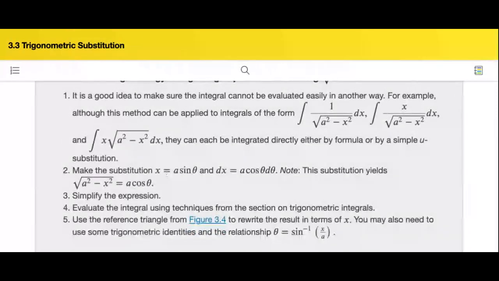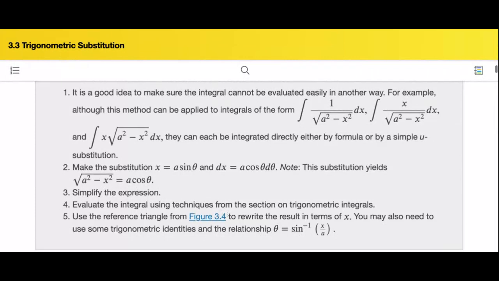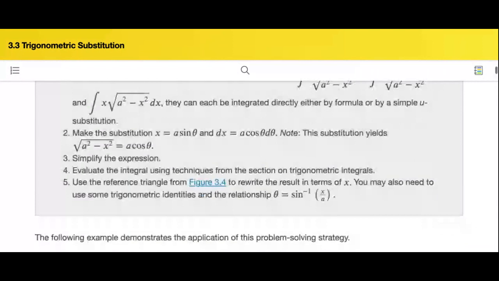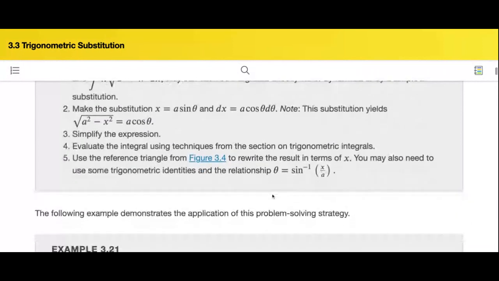We will use x equals a sine theta and dx equals a cosine theta d theta, all from the picture. Then a cosine theta equals the square root of a squared minus x squared, right? As we just showed before. So what's theta? Theta is, of course, arcsine of x over a.